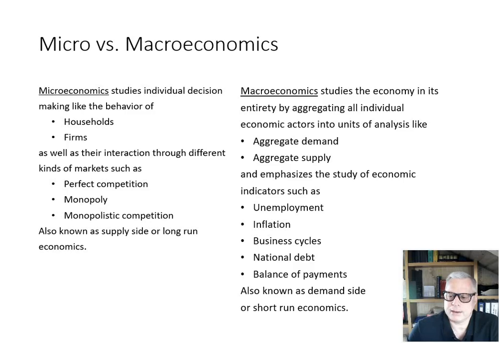But aggregate demand is not like in microeconomics studying the demand of an individual student at a university, but it treats all existing consumers as one. And that is aggregate demand. And similarly, macroeconomists lump together all the entities on the supply side. So everyone who produces something, whether it's a bicycle or an aircraft, they are considered to be part of aggregate supply.